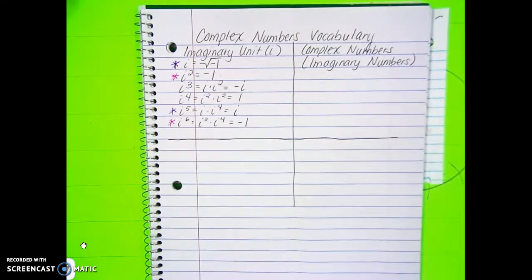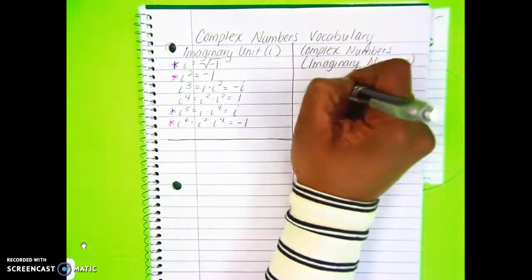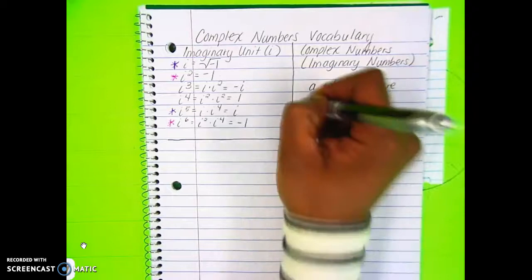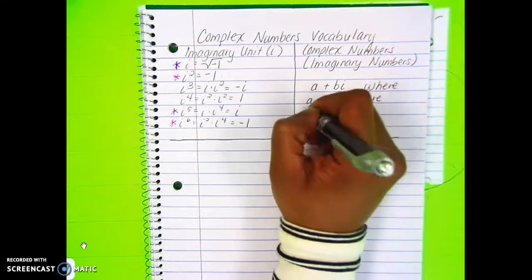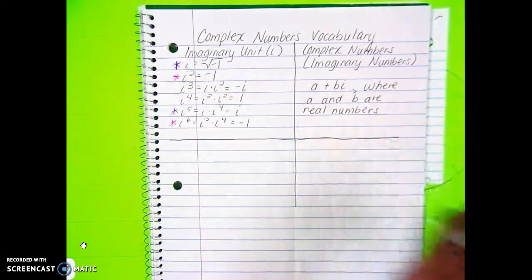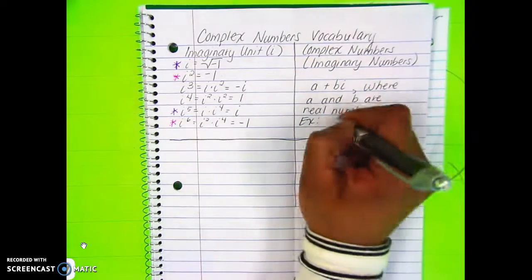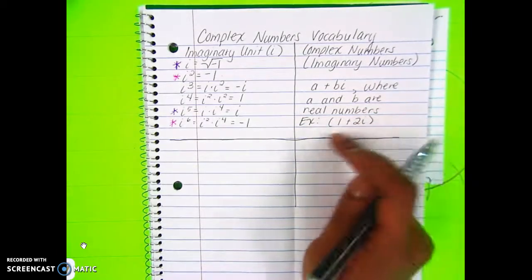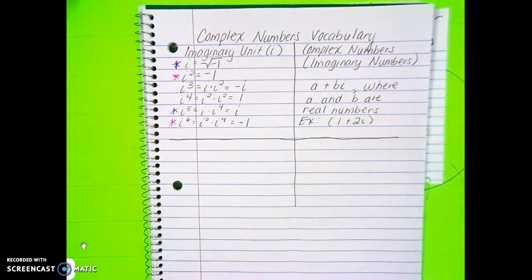An imaginary number is just a plus bi, where a and b are real numbers. An example of an imaginary number or a complex number is 1 plus 2i. 1 and 2 are real numbers, and i is the imaginary unit.